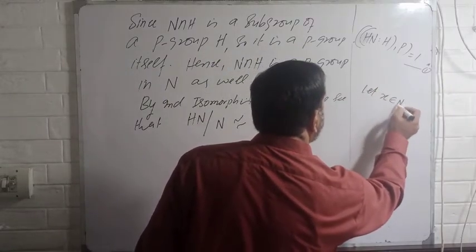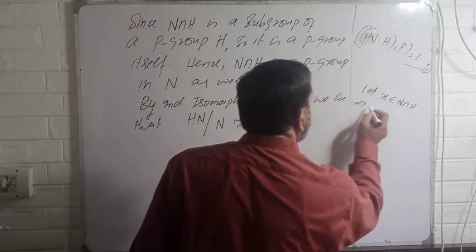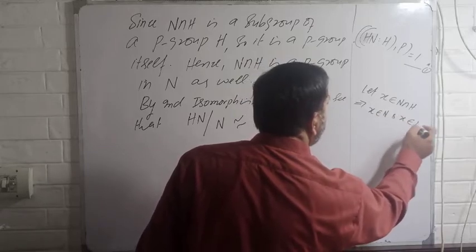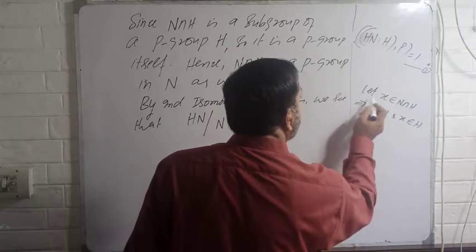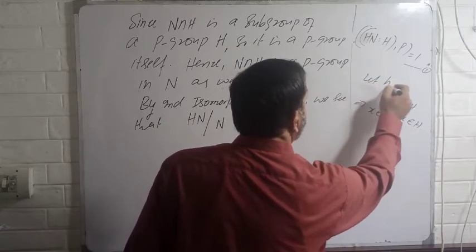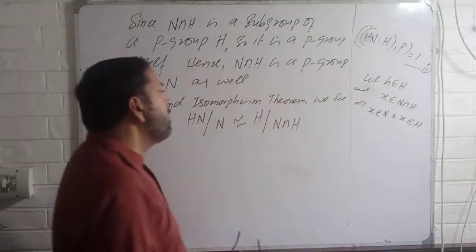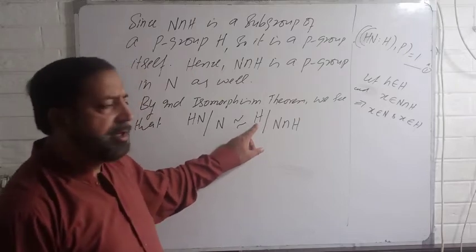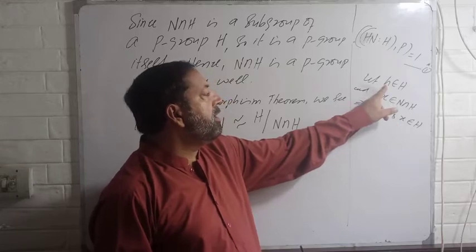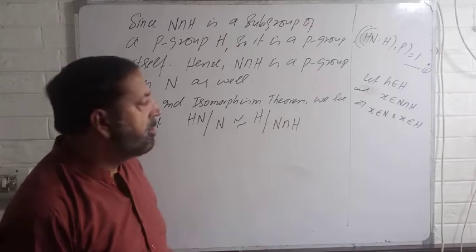Let x belong to N intersection H, so then x belongs to N and x belongs to H. Let h belong to capital H, and you take an element h from capital H and an element x from N intersection H. You have to show that h x h inverse is an element of N intersection H. Okay, see.